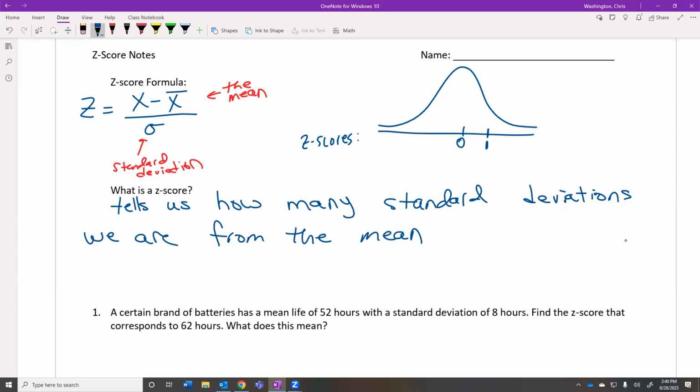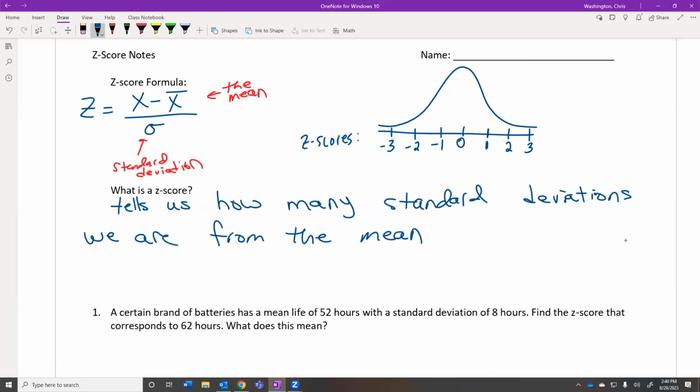So 28 plus 5, 33. 33 would have a Z-score of 1. 38 would have a Z-score of 2. And 43 would have a Z-score of 3. Those numbers are positive because they're greater than the mean. What about the numbers on the other side of the mean? Negative 1 and negative 2. Yeah, so they would just be negative.